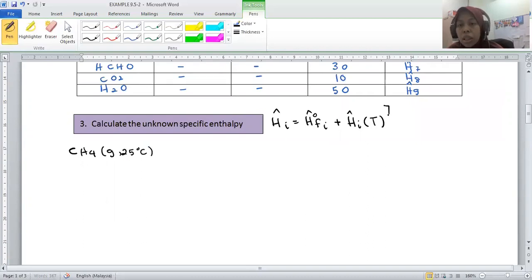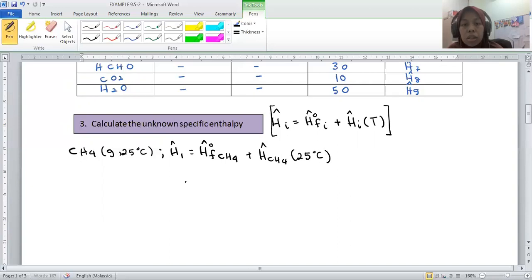This is the general equation for the specific enthalpy calculation. Now we move back to methane, equivalent to H1. H1 equals the heat of formation of methane at standard plus the specific enthalpy of methane at temperature 25 degrees C.